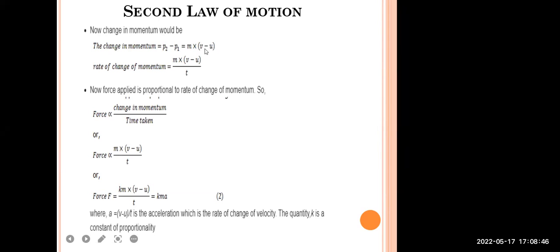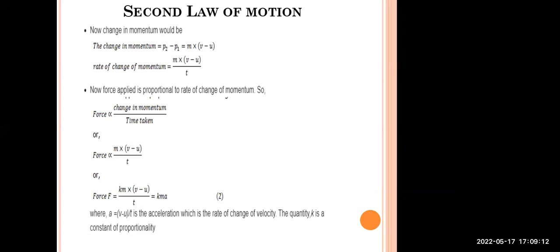Momentum means mass into velocity. Final minus initial: P2 is your final, P1 is your initial. Now, rate of change of momentum means we are supposed to take the momentum with respect to time. So m into v minus u upon t will be my rate of change of momentum.